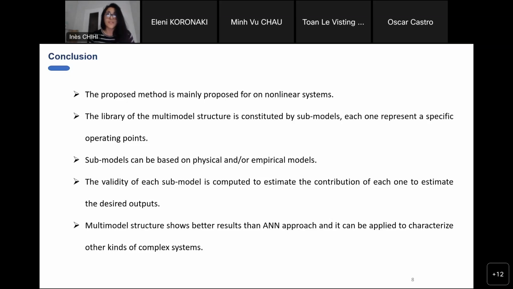I can also open a discussion about the kind of submodels, because it's not simple to choose the different submodels of the global model. We can put submodels that represent different operation points, but also submodels that take into consideration different perturbations and faults that we can have in our system.